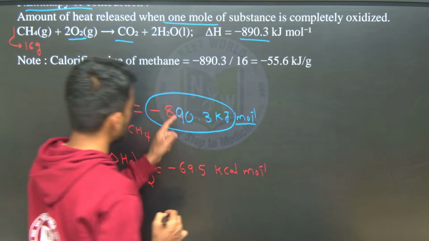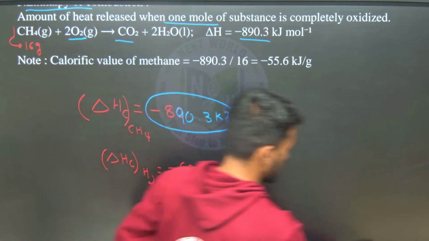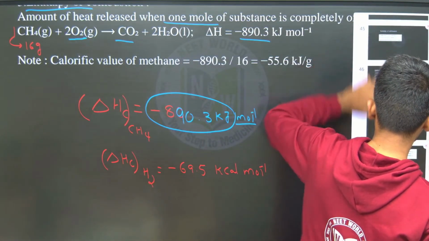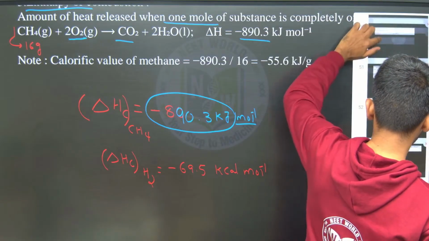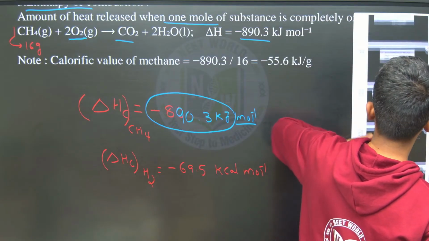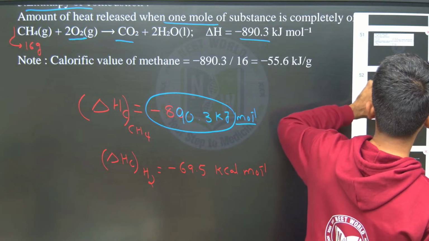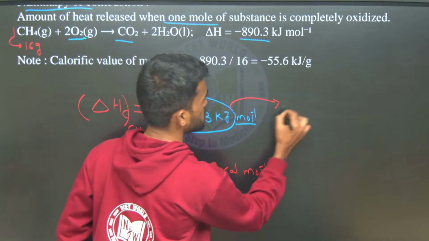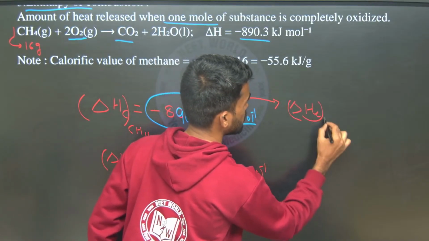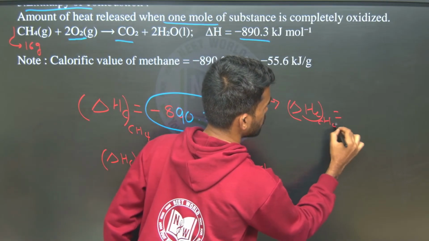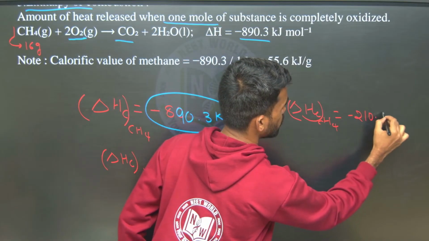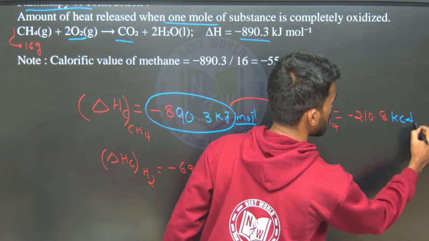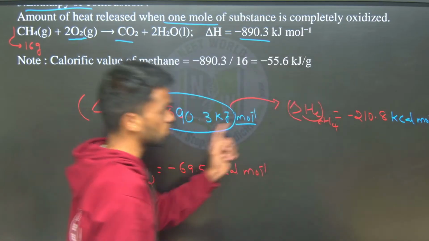I wanted to convert this, or I have the value also, somewhere in a question. It is around 210. So in kilocalories, delta Hc of methane is minus 210.8. This is in kilocalorie per mole, this is in joules, this is in calories.